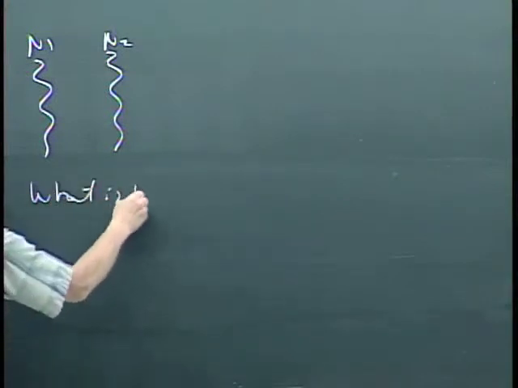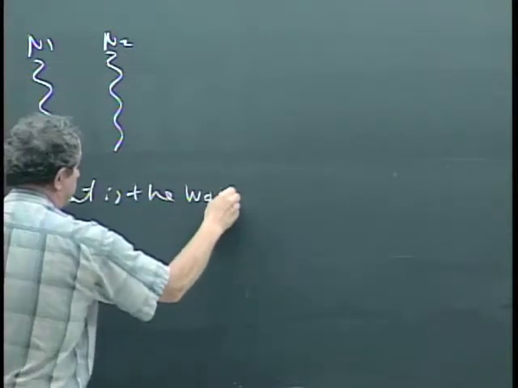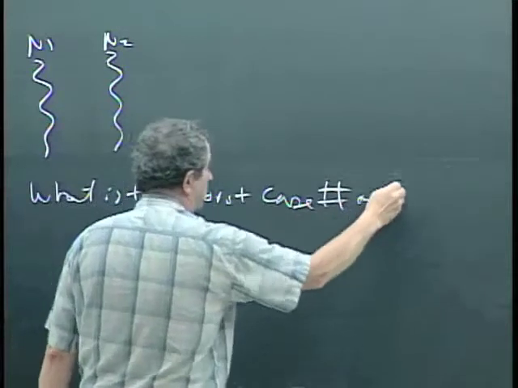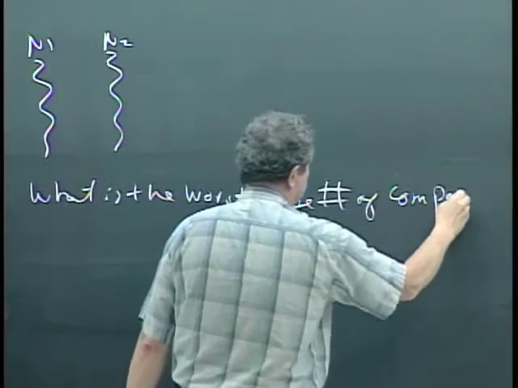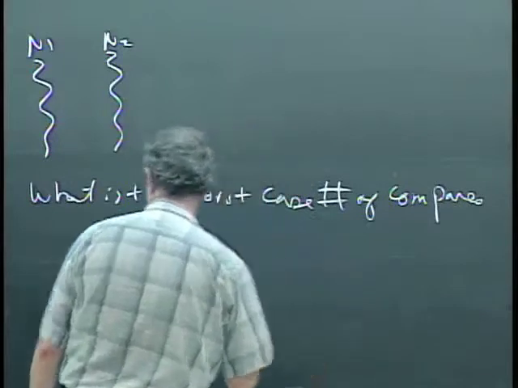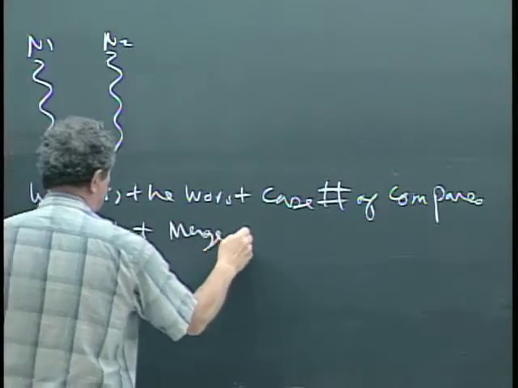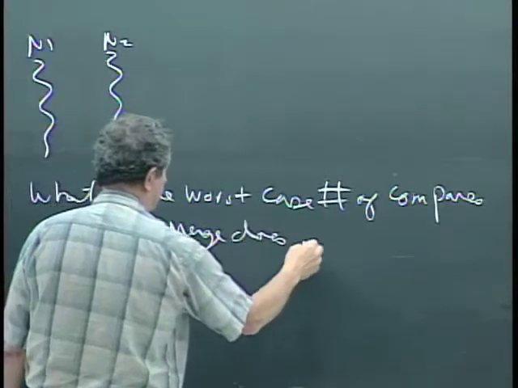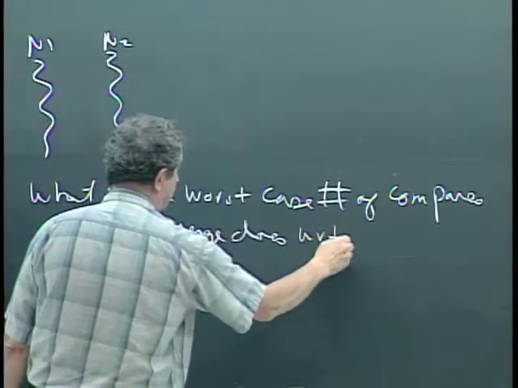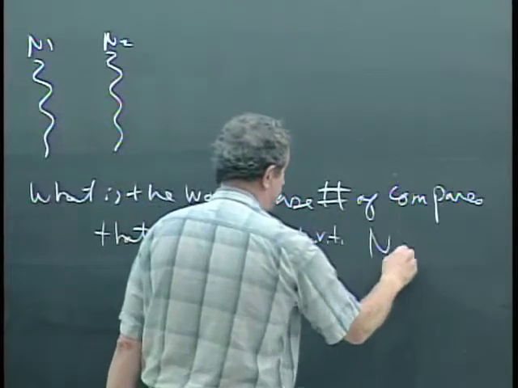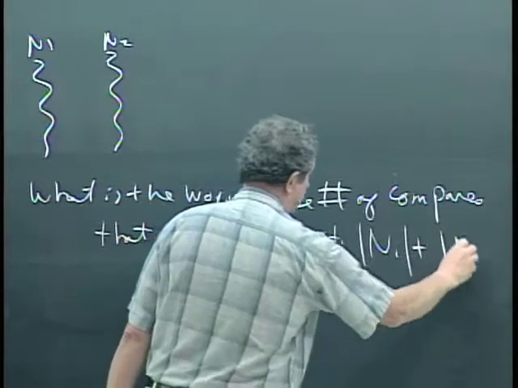And I think I left with the question of what is the worst case number of comparisons that merge does, with respect to, let's just say, the number of elements.